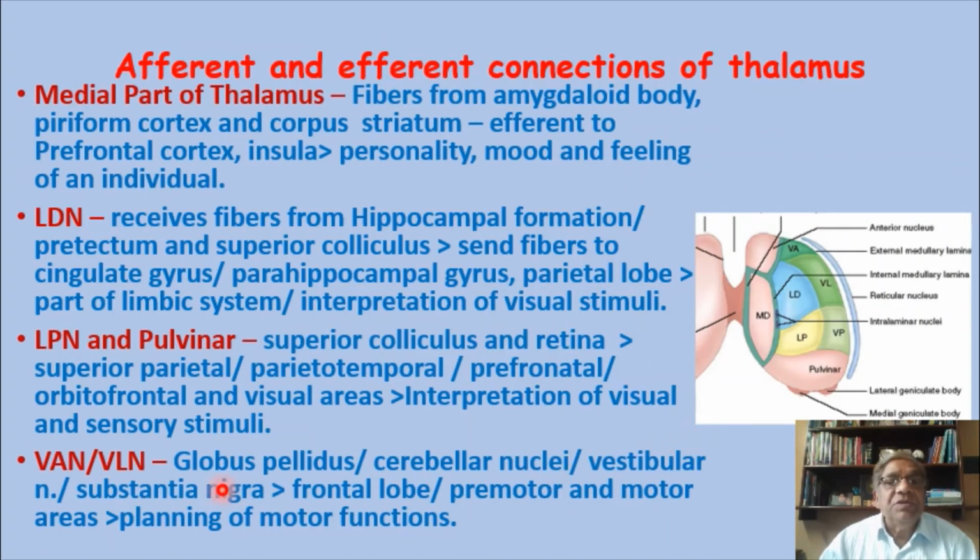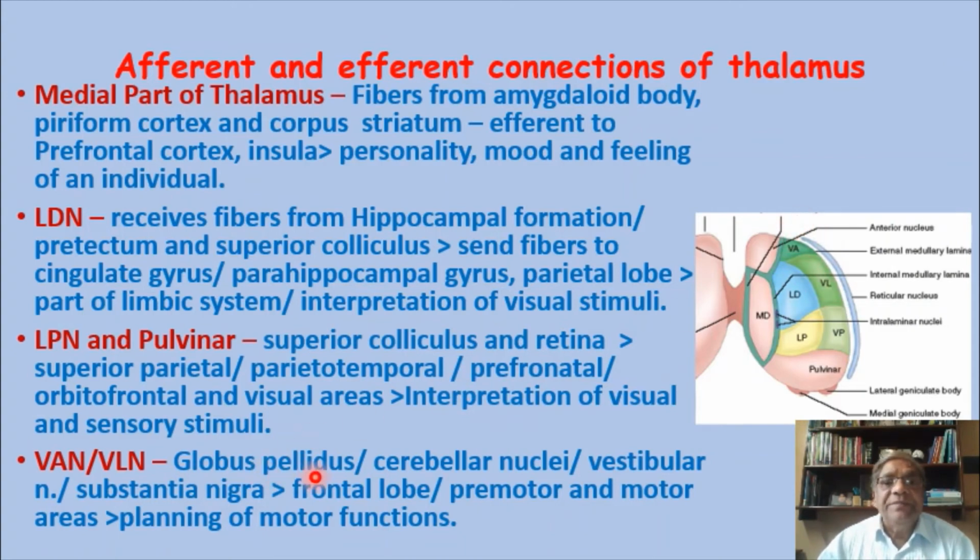Then coming to the ventro anterior nucleus, see in this diagram, it is located here, and this is the ventrolateral nucleus, part of the ventral nuclei. I have enclosed both these nuclei together.